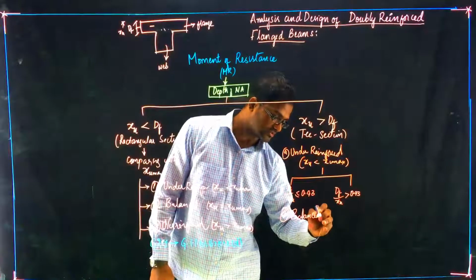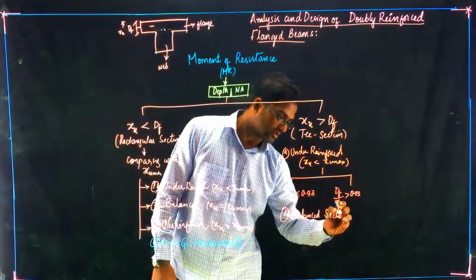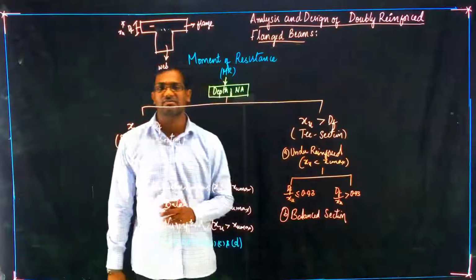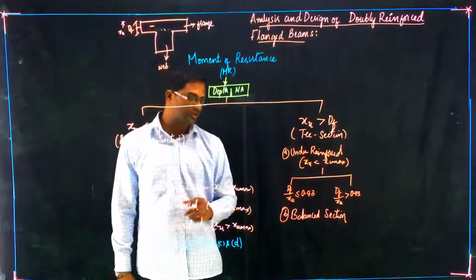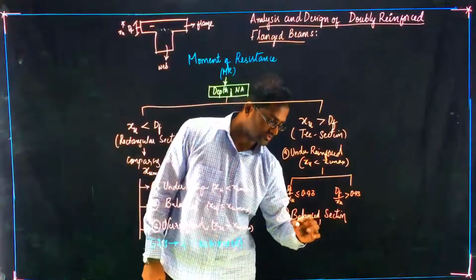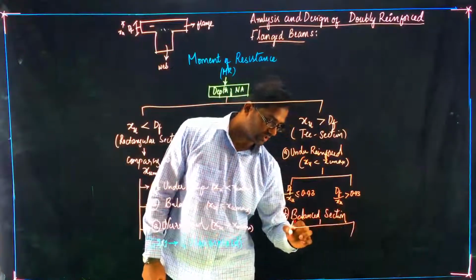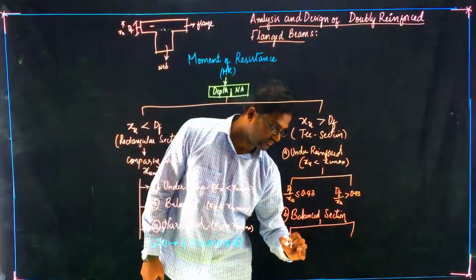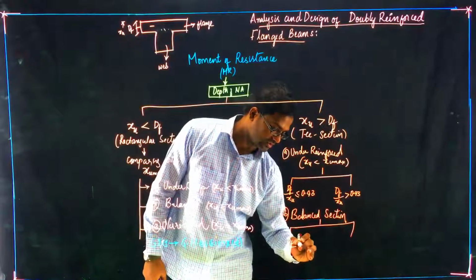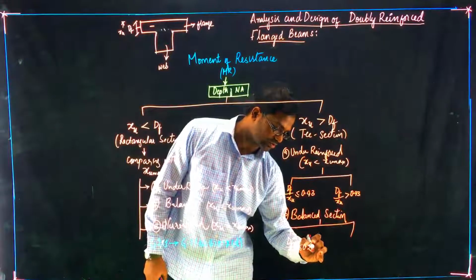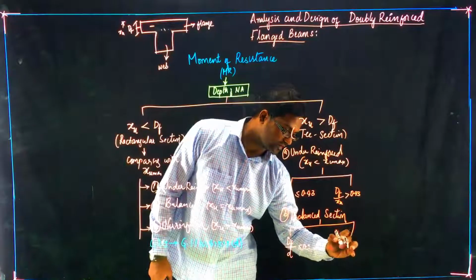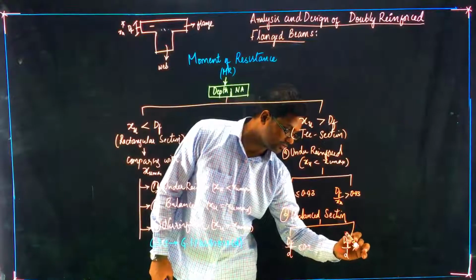And there is another section, that is balanced section. When balanced section comes, Xmax will come rather than Xm. So in balanced section again we need to compare another ratio, that is df by d less than or equal to 0.2, or df by d greater than 0.2.